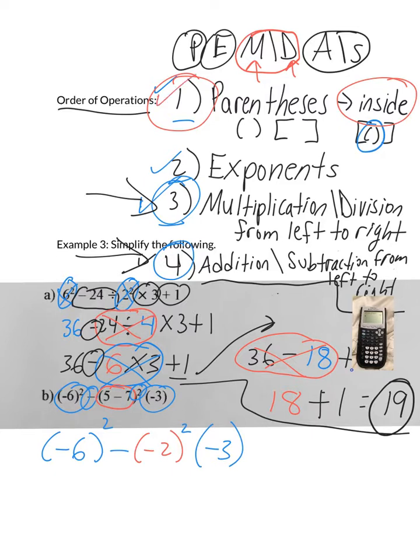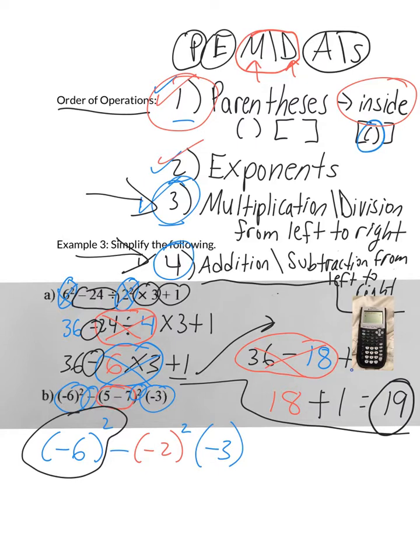So step 1, done. All right, step 2, exponents. So we do have a couple exponents. So again, looking left to right, -6 squared. And be careful because they'll try to trip you up a little bit on the homework. We got to make sure, is the negative sign inside the parentheses or outside the parentheses?